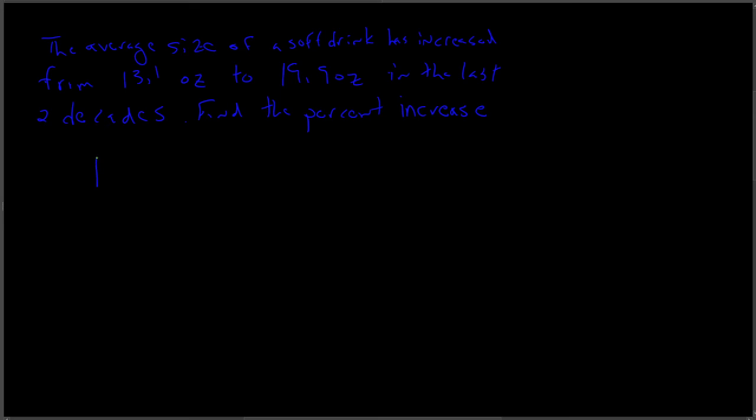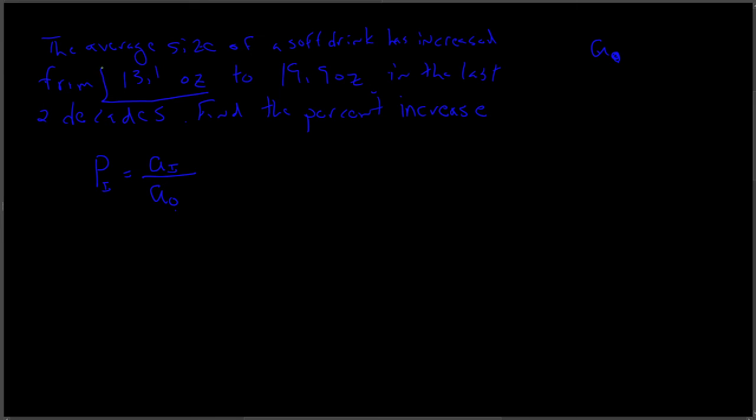So our percent increase is the amount of the increase over the original amount. You know what? I want to change my notation here. I want to use original amount as A sub naught. It's a common thing you'll see, as starting points get a 0. Now, I have the original amount.